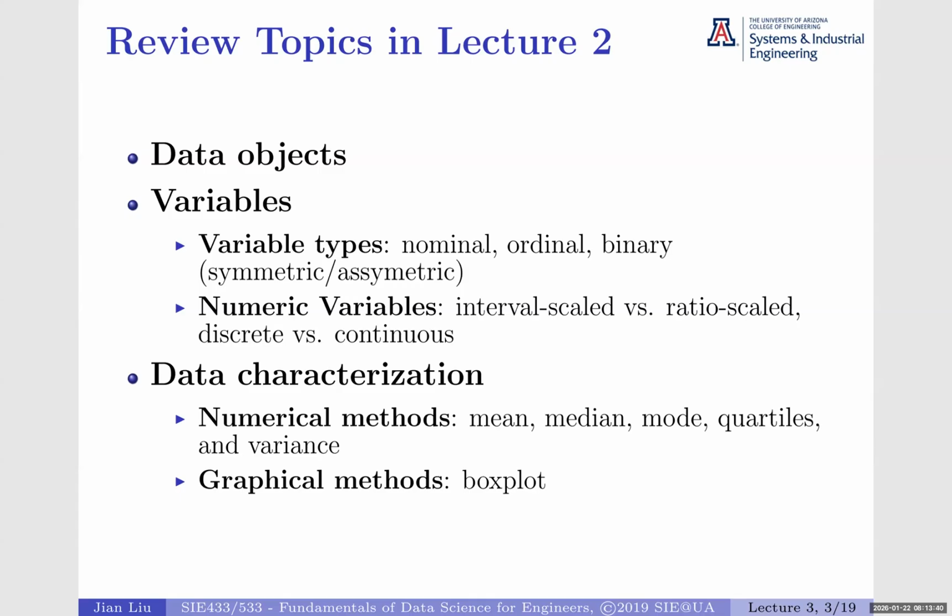Median is a special quartile, the second quartile, which means 50% of the observations are below that number, and 50% are above. It means right in the middle, according to the sorting result. Variance summarizes the scatter or dispersion of your data.